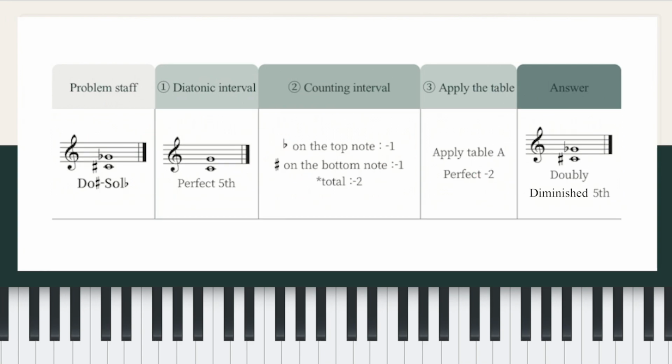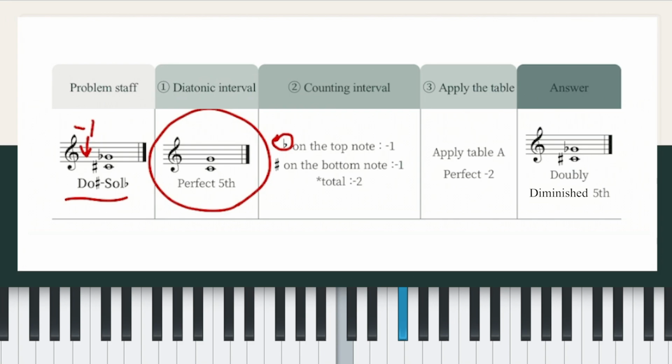What about do sharp and sol flat? First, you find the diatonic interval do sol, and the flat on the top note sol. It reduces the interval, so it is minus 1.